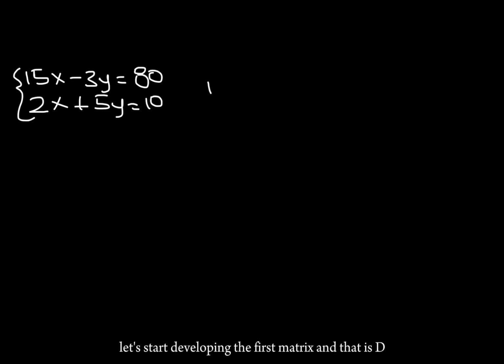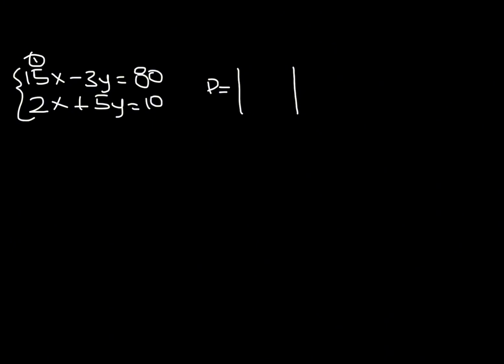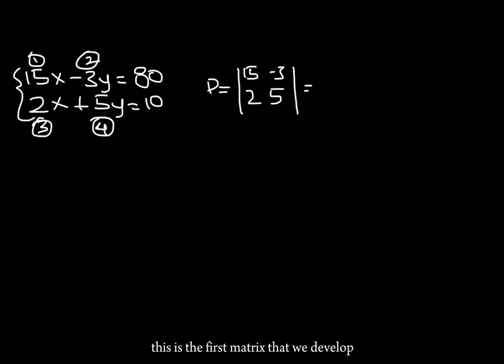Let's start developing the first matrix, and that is D. The first matrix consists of these values: 15, negative 3, 2, and 5. This is the first matrix that we develop.